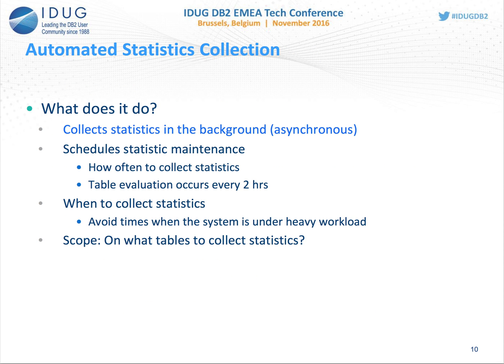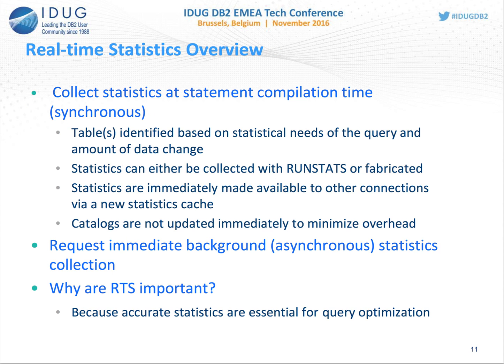So I think I've pretty much covered this in a little bit more detail. The original auto runstats was added in 8.2. The way it worked is that periodically this background process would wake up, check the tables, see which ones need stats, and then drive a stats collection. And this would happen about every 2 hours. The real-time stats, as I mentioned, happens at prepare, statement compilation time.